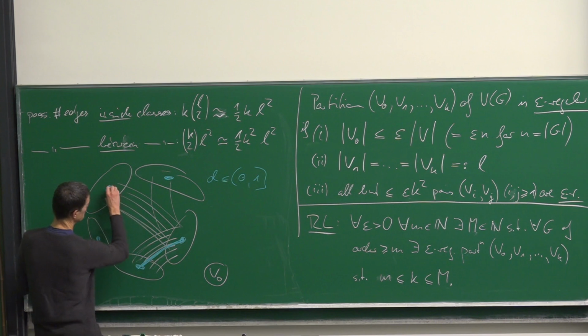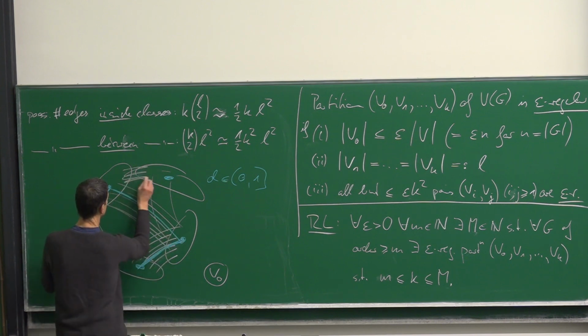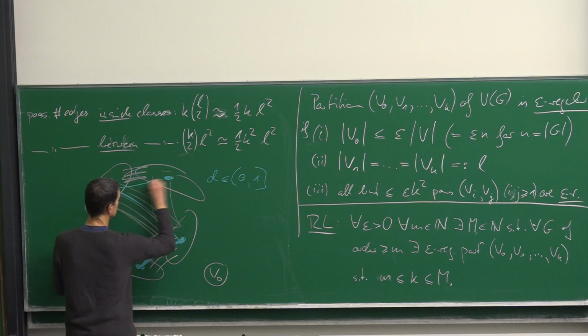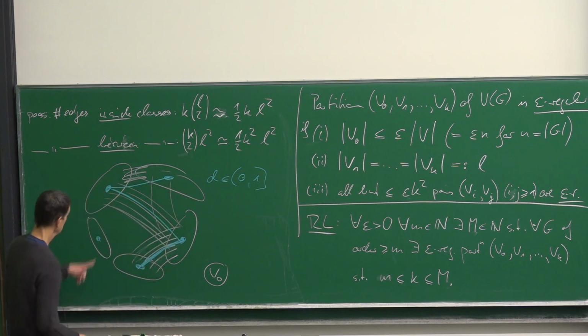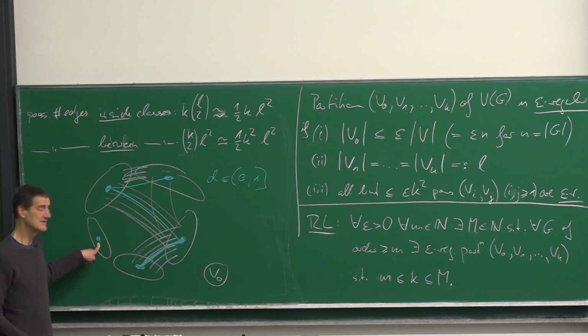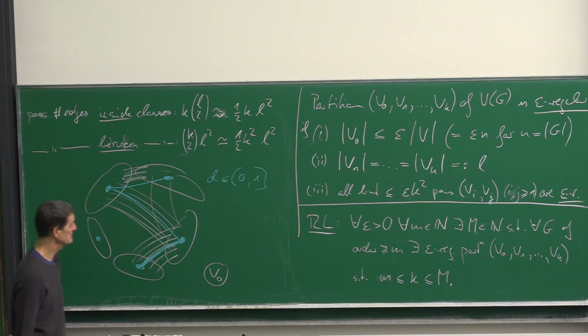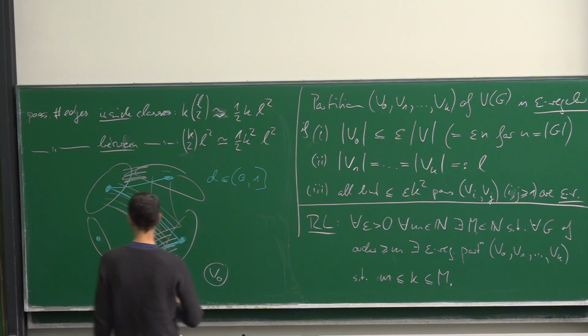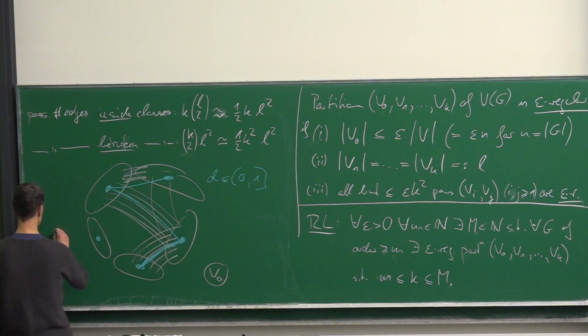Maybe these are going to be adjacent. These two. And this maybe is an isolated vertex in this regularity graph. R.